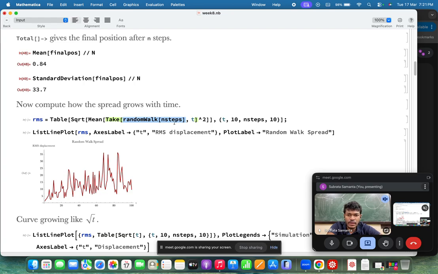I extract the final positions at those times, and then I calculate the mean of this, and then the square root. So to calculate the RMS, first we calculate the square, then the mean, then the square root, and we make a table for that, because we have different times.